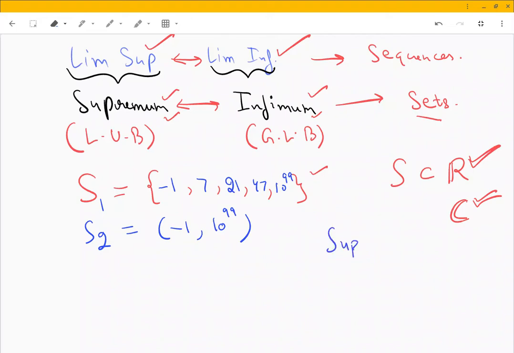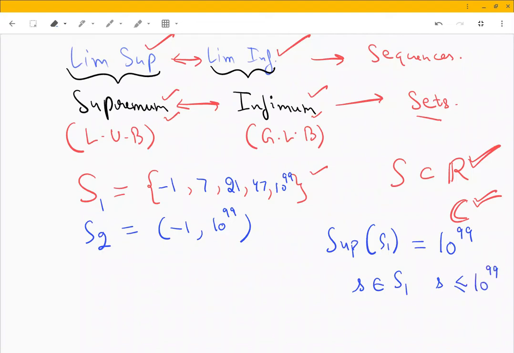Well, supremum of S1 is 10 to the power 99. Why? Because for all s belonging to S1, s is either less than or equal to 10 to the power 99.